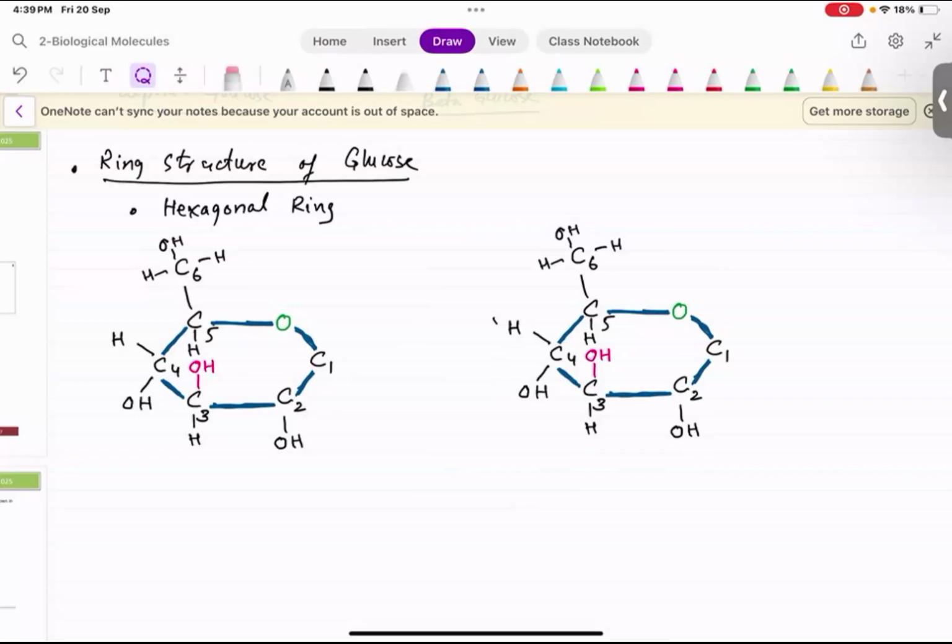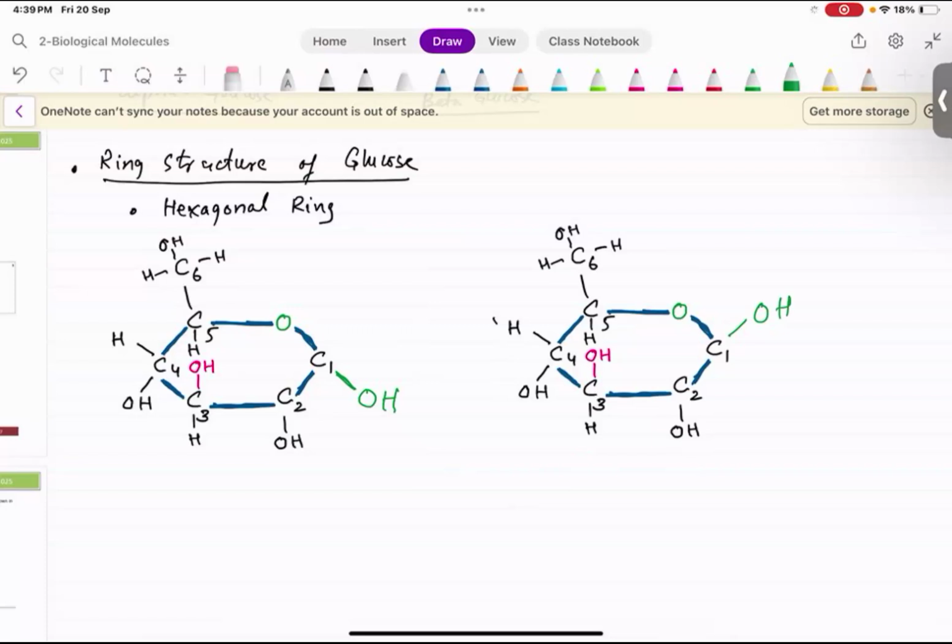So what is the difference between alpha glucose and beta glucose? Do you see both of them are similar at position numbers 2, 3, 4, 5, and 6. But there is a difference in the position of the hydroxyl group on carbon number 1. It has an OH group here, and this has an OH group here.